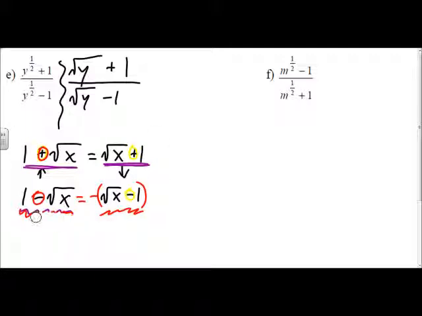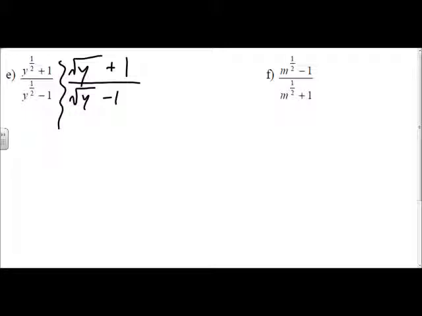So, looking back at our problem here, we need to multiply by the conjugate to rationalize our denominator. So, we can look at this as square root of y plus 1. And same thing up here, square root of y plus 1.